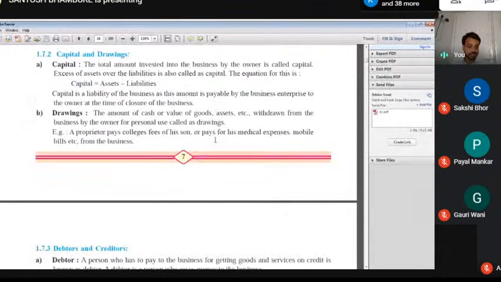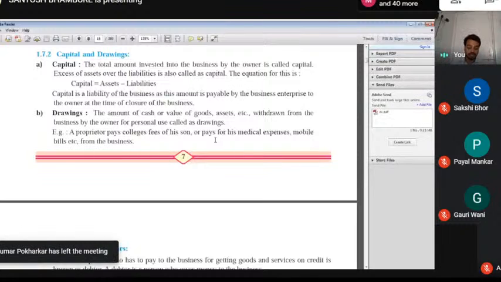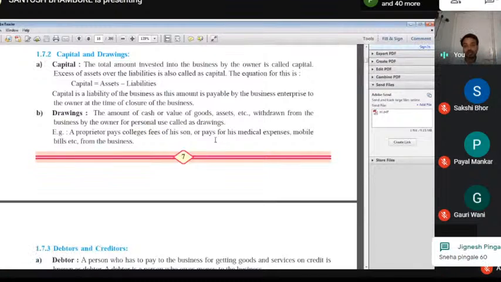I am going to explain the next point, that is capital. If you know a businessman, definitely you know capital. Everyone listen carefully: the amount invested by the owner into the business.